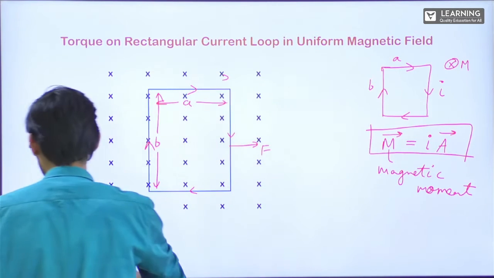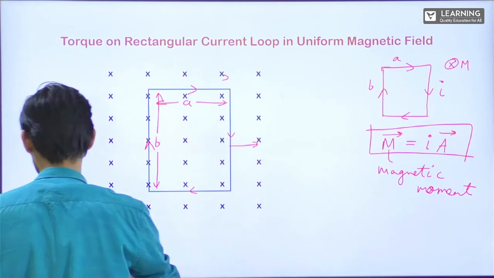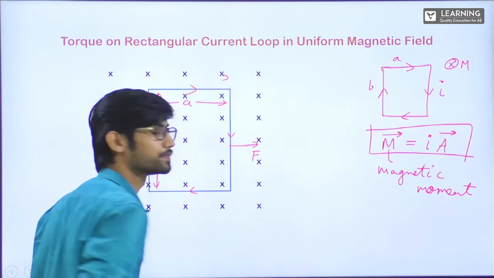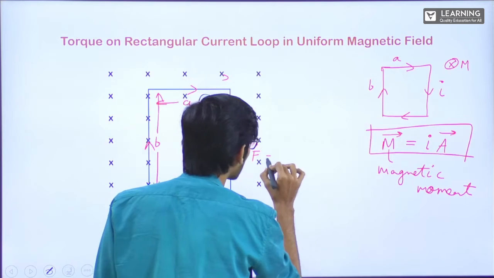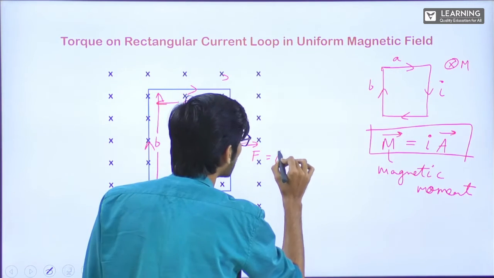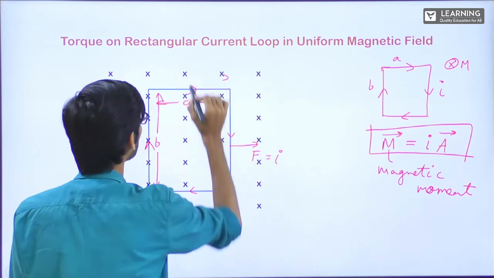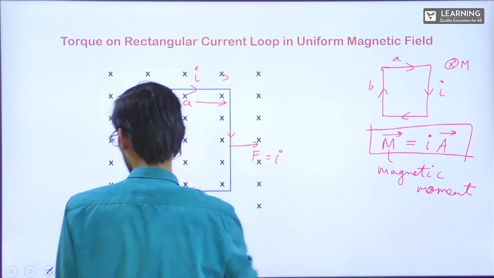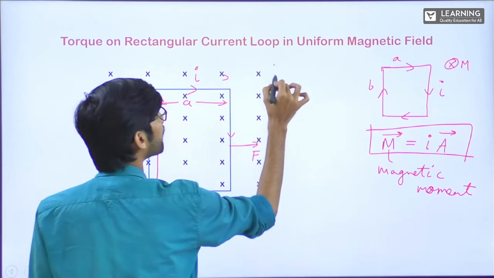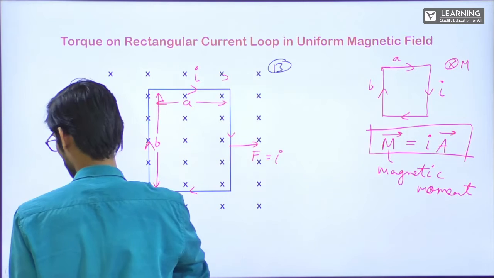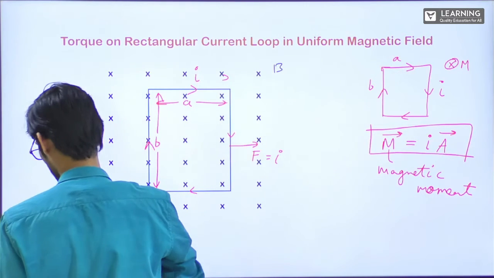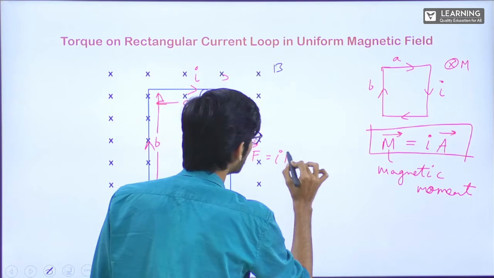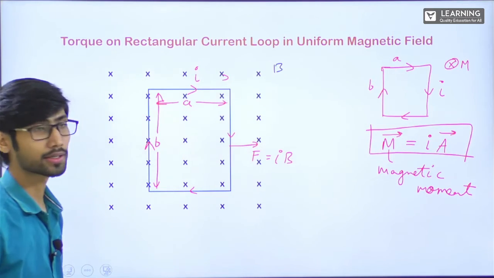Can you tell me the value of this force? What will be the value of this force? This force is equal to I, let's say the current flowing is I, into B, the magnetic field, let's say, is B, into L, what is the length?